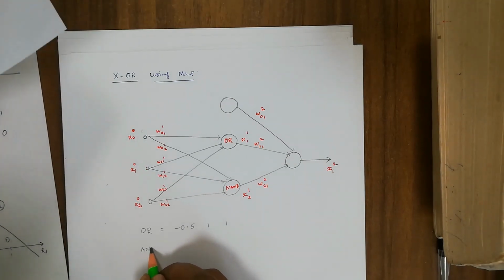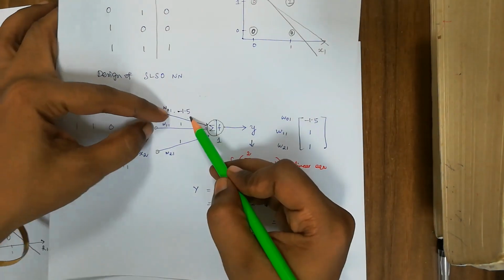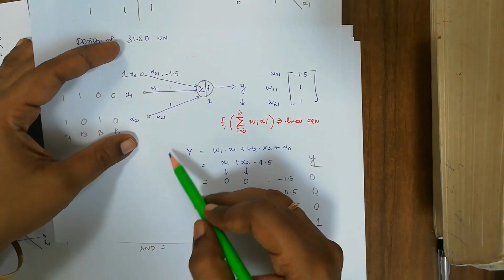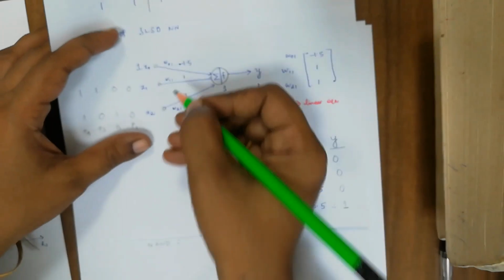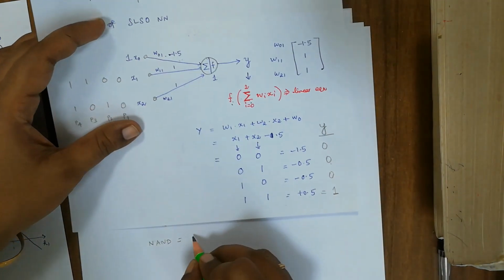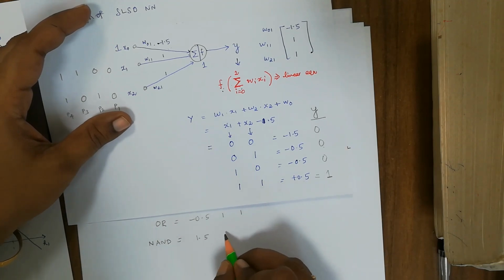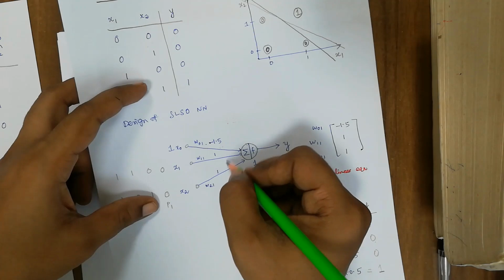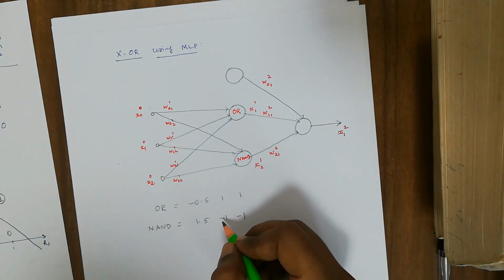Similarly, the weight vector for the AND gate that we have used is minus 1.5, 1, 1. But we want the weight vector for the NAND gate, so we are taking the negative of that, which turns out to be 1.5 and then minus 1 and then minus 1. We are simply taking the negative, and that becomes the weight vector for the NAND gate.